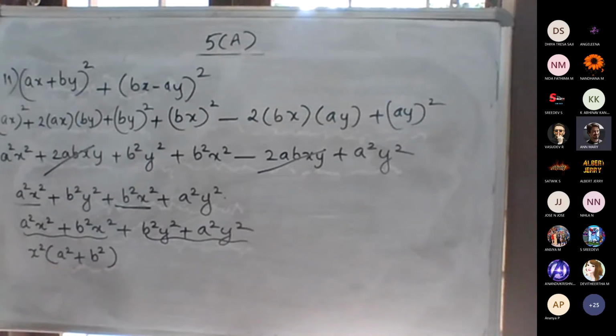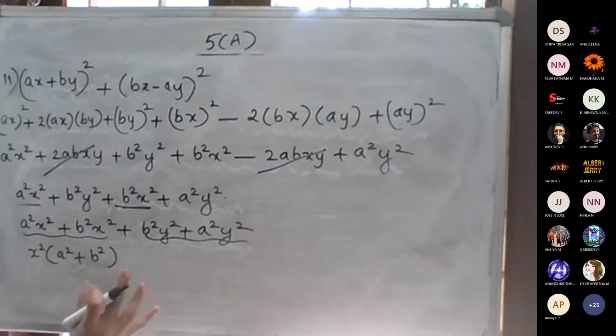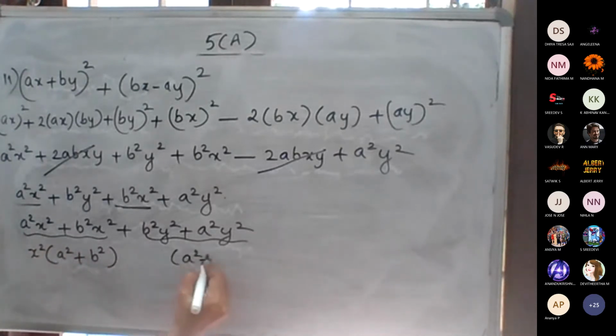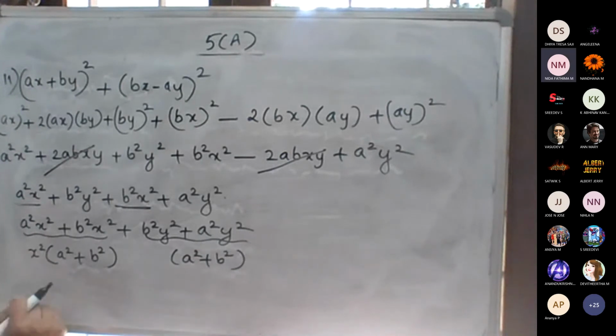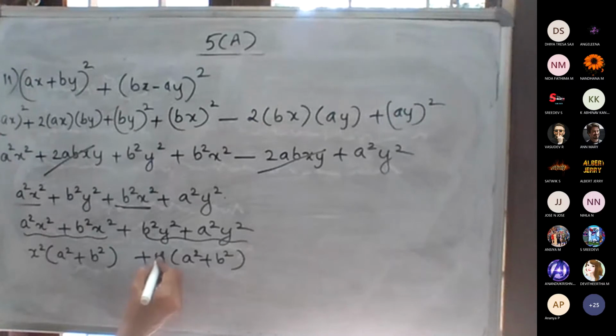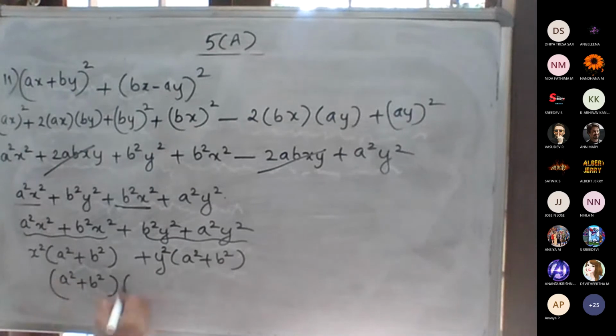Same with the y terms. So (a square plus b square) into (x square plus y square) is the answer.